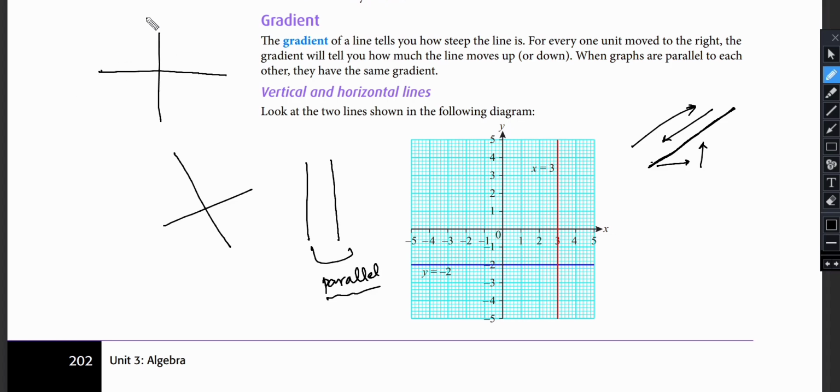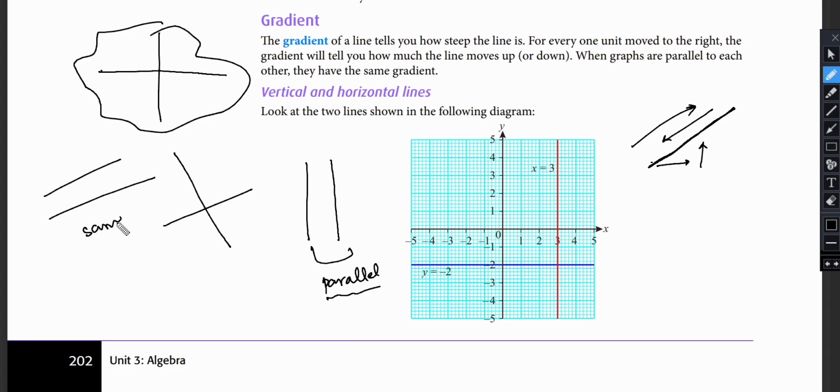But this is a little technical right now, you can skip this part for now. All you need to know is that if two different line equations have the same gradient, then both of the lines are parallel to each other.